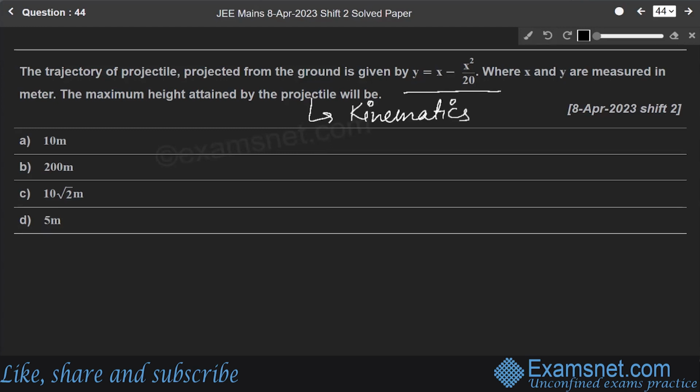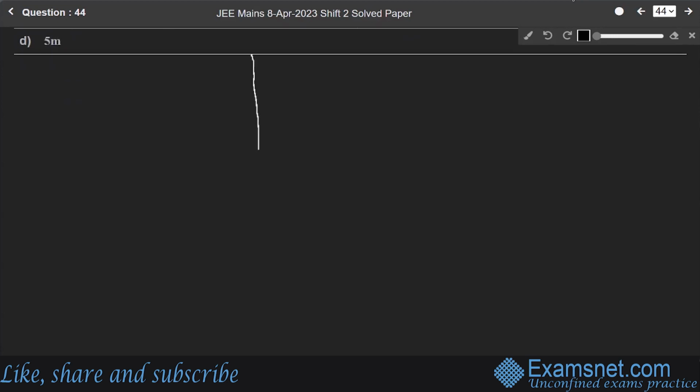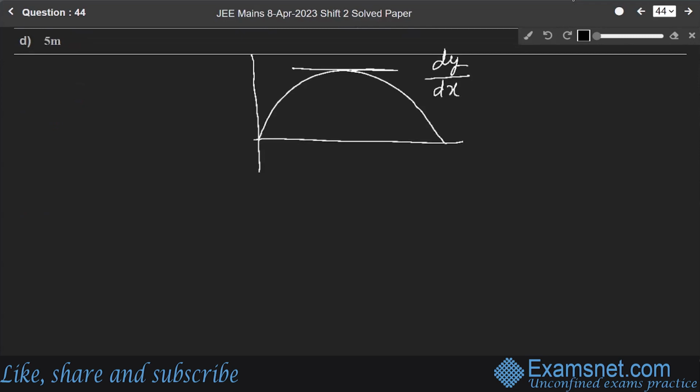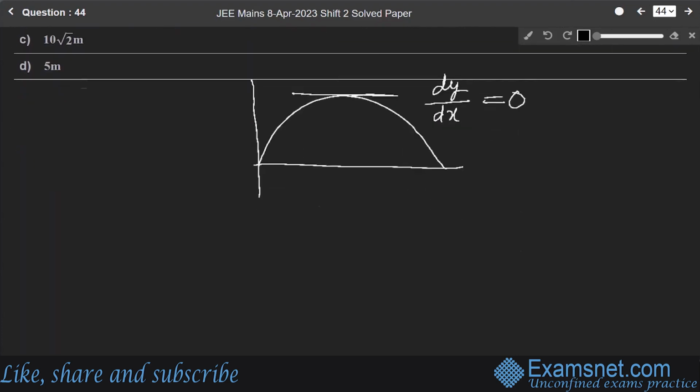So students, always remember, whenever we are given the equation of a graph, its highest value will always be at dy by dx equals 0. The question itself says that we have to differentiate this equation with respect to x.